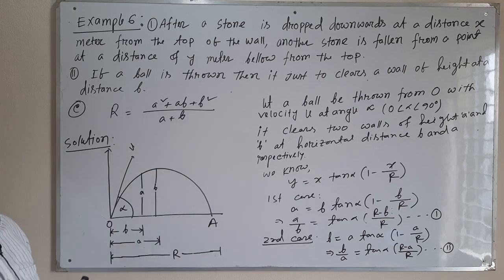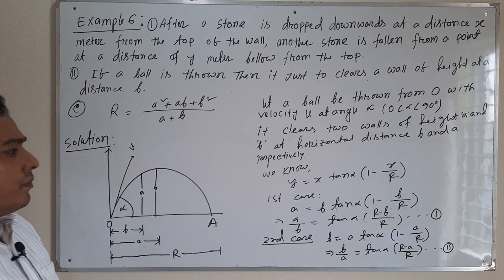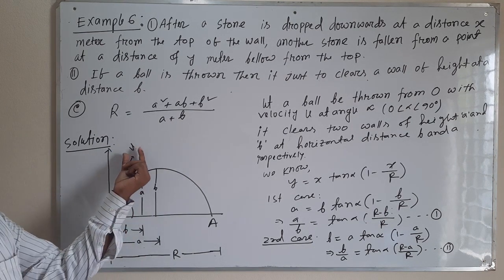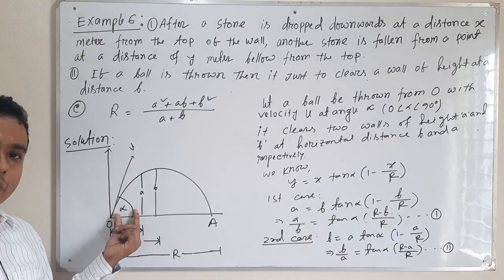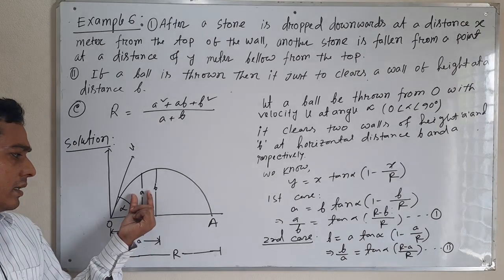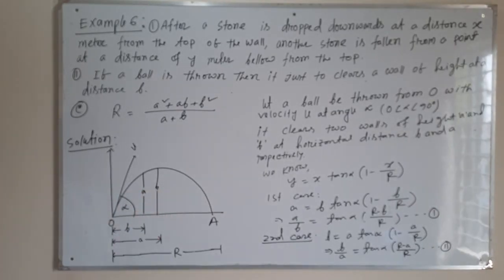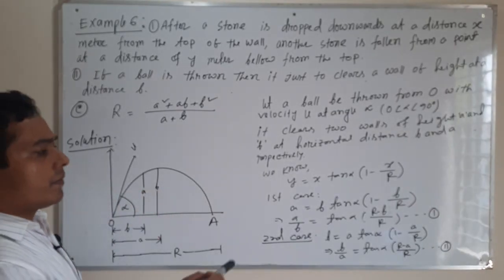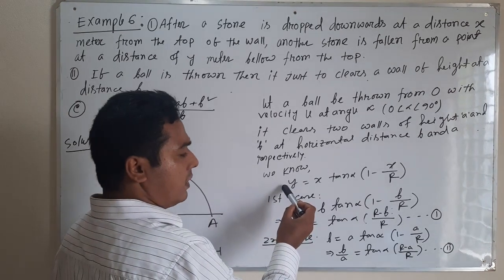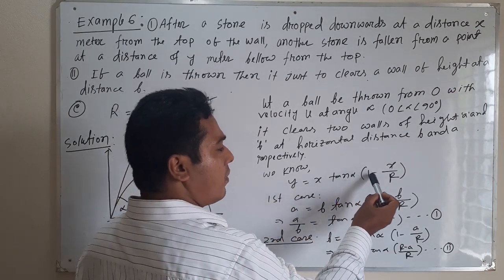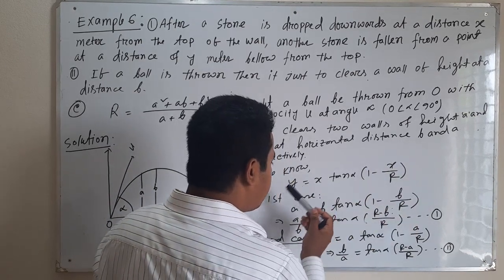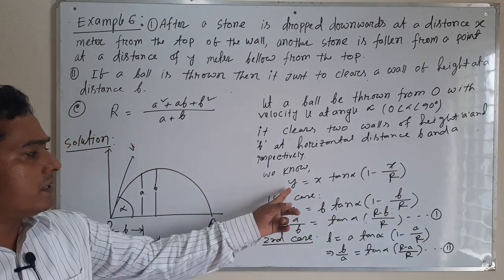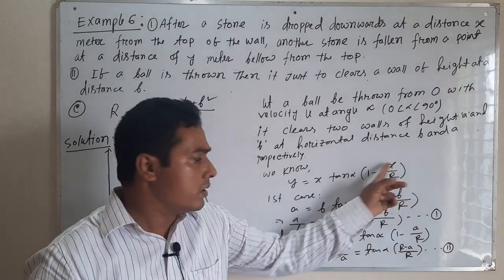Okay, so the initial velocity is u, projected angle is alpha for both cases, for both walls of height a and b. This is our formula for the projectile. y is equal to x tan alpha into 1 minus x divided by R, where y is the vertical distance and x is the horizontal distance.